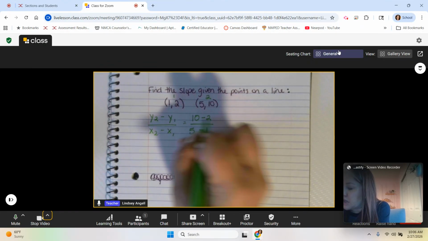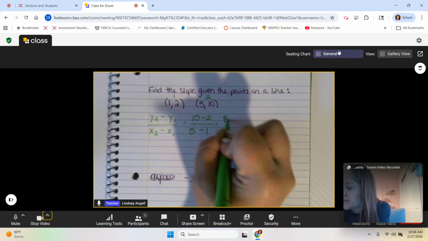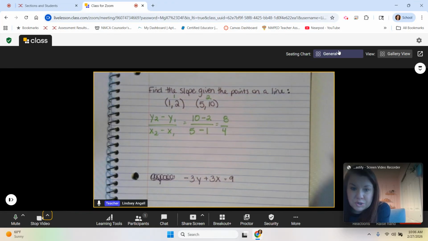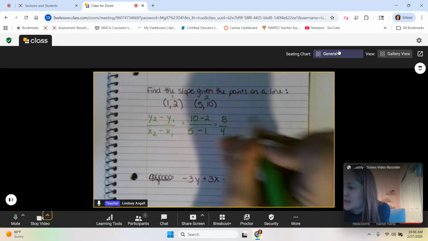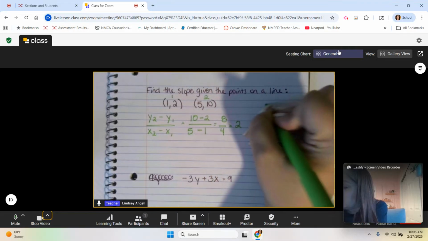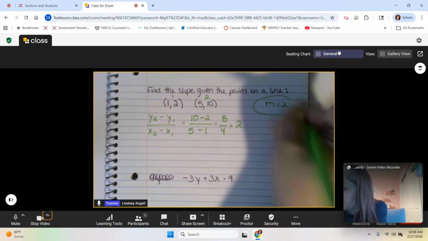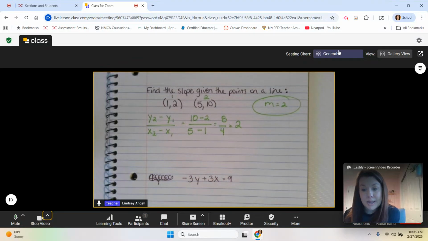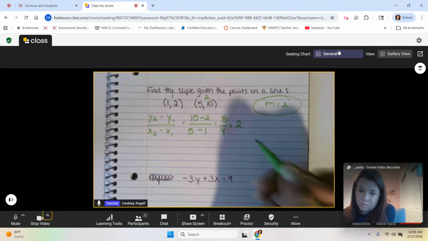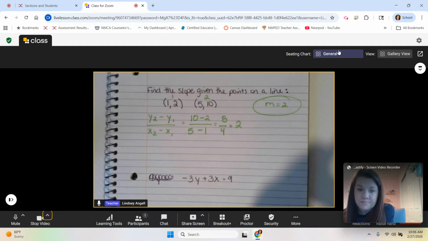And then I can solve those, so 10 minus 2 is 8, 5 minus 1 is 4. So I have a slope of 8 over 4, but I can reduce that. 8 divided by 4 is 2. So really, our slope is 2. And then applying that to a graph, that means I would rise 2, run 1. Okay?